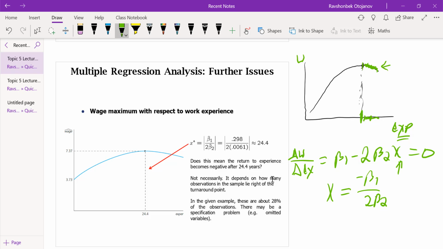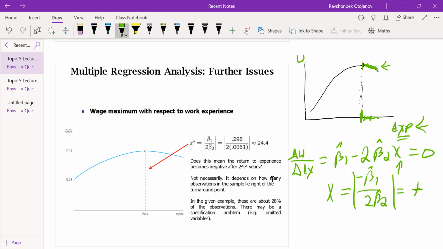Now we take the modulus of this result, because x here, in this case experience, doesn't take negative values, so the outcome will be a positive value. So in this example, we plugged in the coefficient estimates. By the way, these are hats here, I forgot to put these hats.